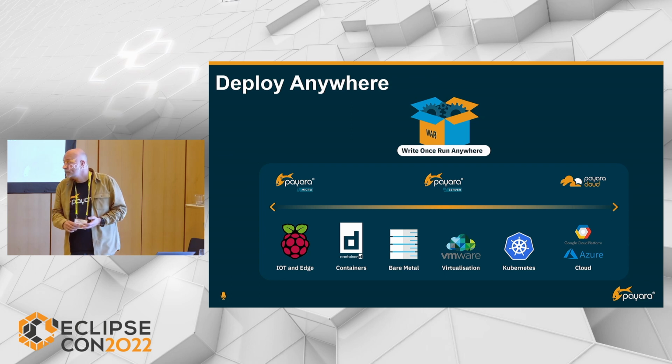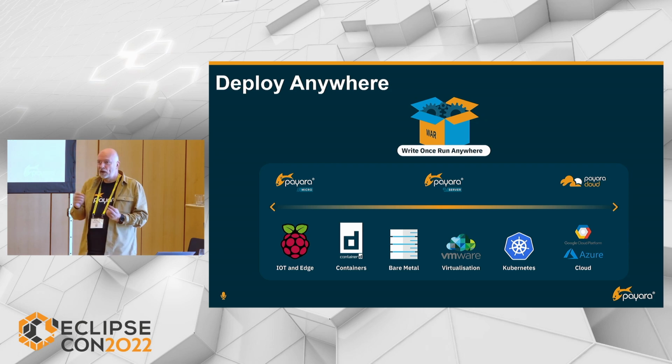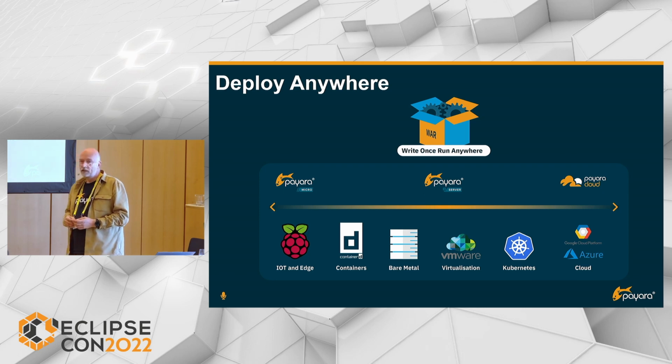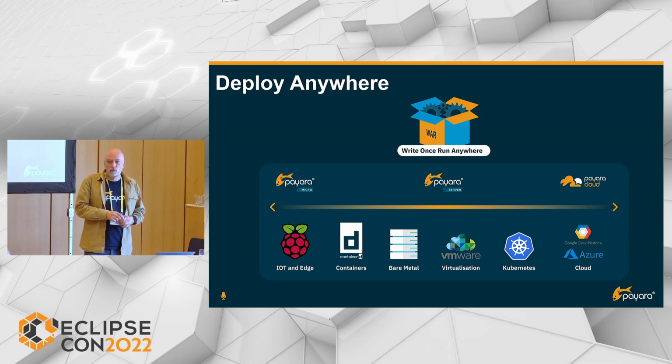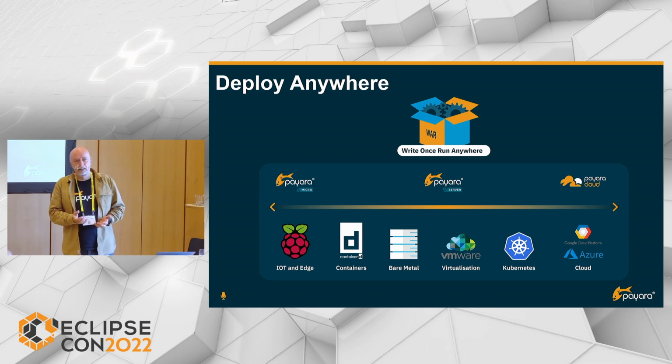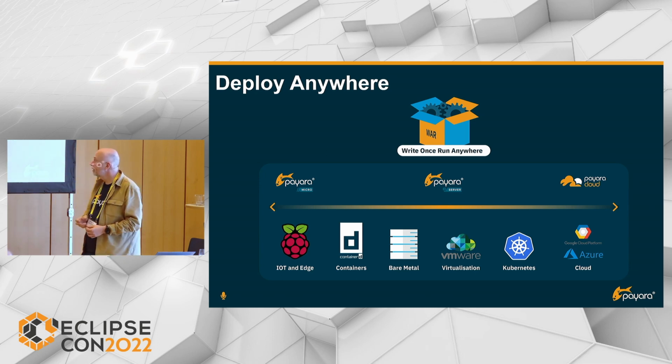So an application packaged in a WAR file could actually run in many different ways. You could run it on a Raspberry Pi. You could take Payara Micro or some other single instance runtime and run it on a very small device. In fact, probably all the application servers could, in this day and age, run on very small devices.